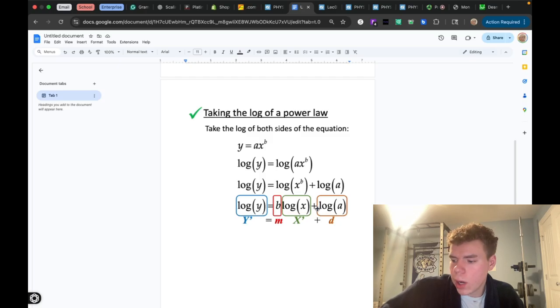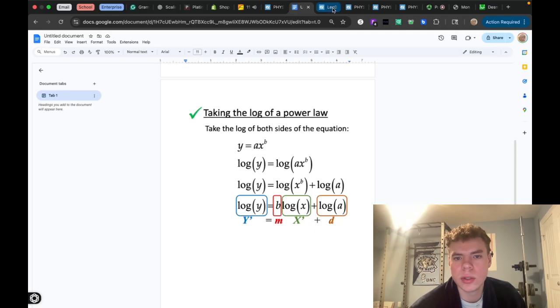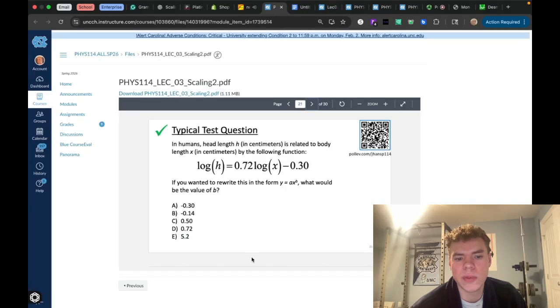Yeah, so if I'm right, if this works out like I should, the new equation should be y equals 0.3 to the x to the 0.72, which means b should just be 0.72.